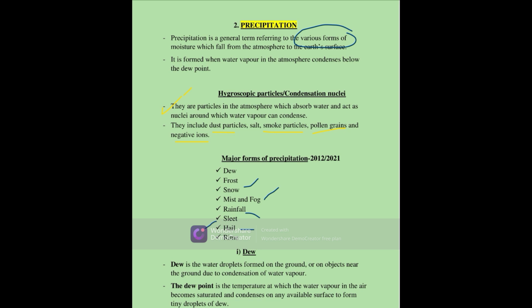Now there is a term called dew point. We said that precipitation is formed when water vapor in the atmosphere condenses below dew point, so it is important to understand what dew point is. It is the temperature at which the water vapor in the air becomes saturated and condenses on any available surface to form tiny droplets of dew.